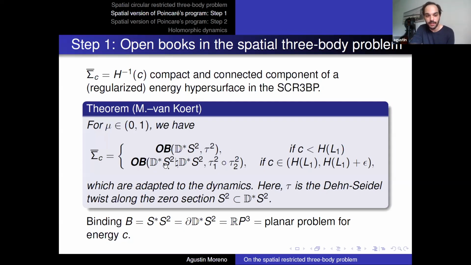What you should observe here is that in RP3, we had a D star 1 and a square of a Dehn twist. The higher dimensional version just replaces D star 1 by D star 2, and the Dehn twist by a Dehn-Seidel twist. There's also similarly a connected sum formula slightly above the first critical value. And in both cases, the binding is the planar problem, which is an invariant subset of the dynamics.